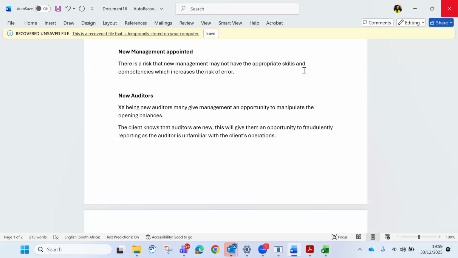You look at long-term relationships, like the partner's long-term friendships with the CFO, the CEO. Are there any other non-assurance services that we are providing this company? Things like dinners, gifts, hospitality. You look at whether this impacts your independence, because you need to be independent in mind and appearance.